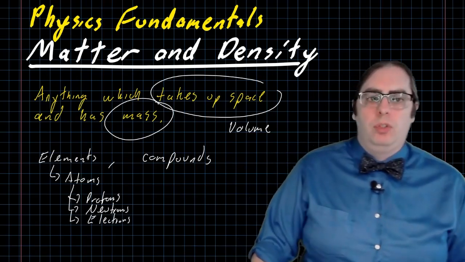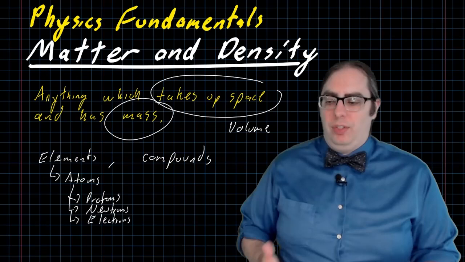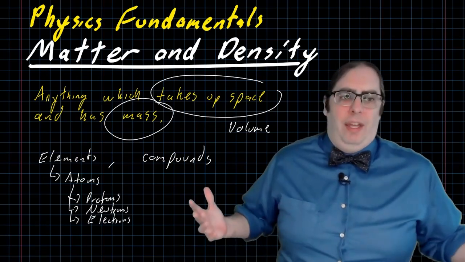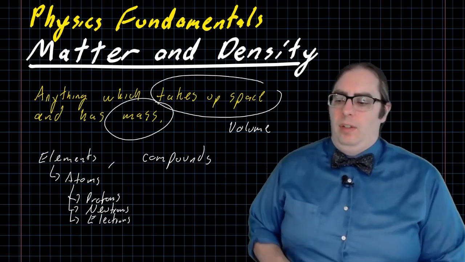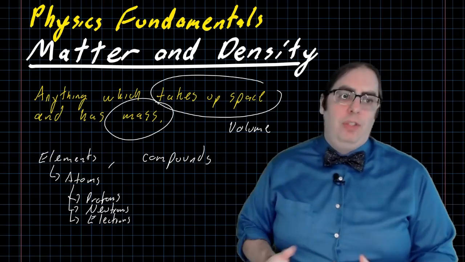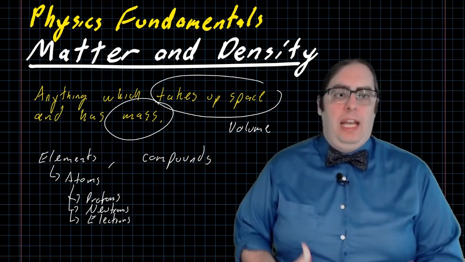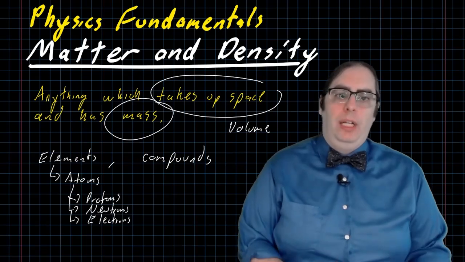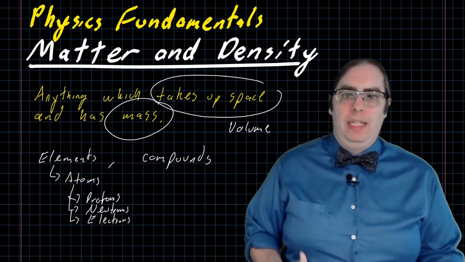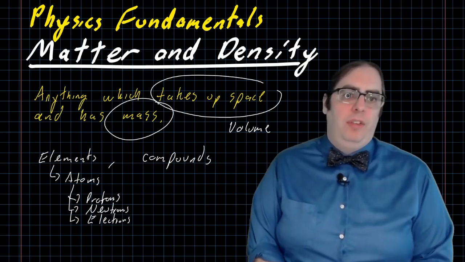But protons, neutrons, and electrons aren't interesting in the scale that we can experience, at least in this sense. An atom intrinsically is the element. If you have one atom, 100 atoms, or 1 billion atoms, it doesn't matter.